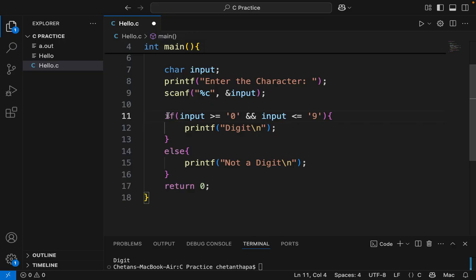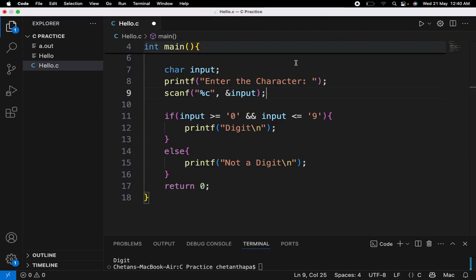Be careful and please pay attention to this point. If input is greater than or equal to 0, I have added 0 in single quotes.